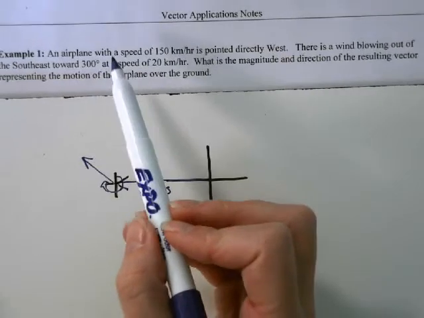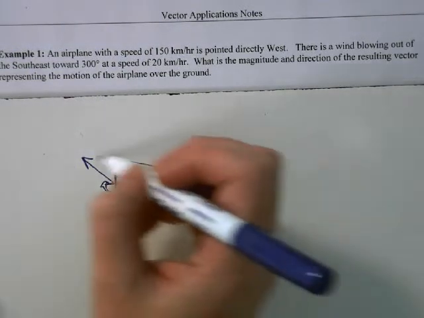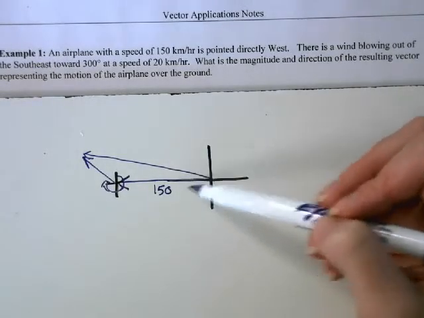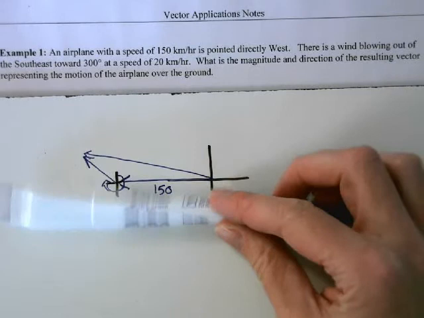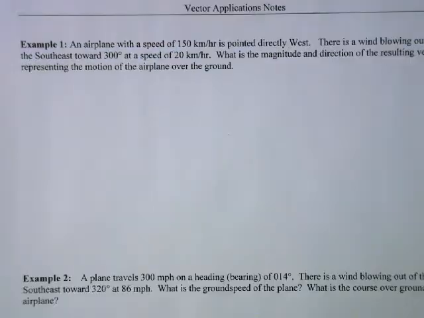It's out of the southeast, but it's always a toward thing. What's actually happening is this is what's called a tailwind. The wind is making it so the plane isn't going directly west, it's going slightly north of that. So our job is to figure out how fast, because the tailwind is going to make him go faster, and then what's the actual angle.